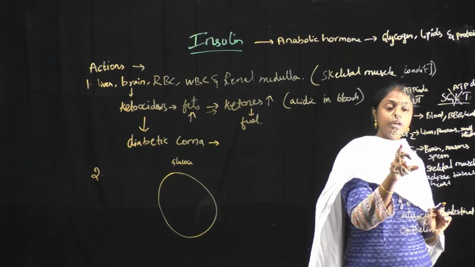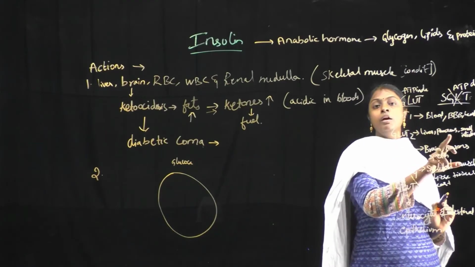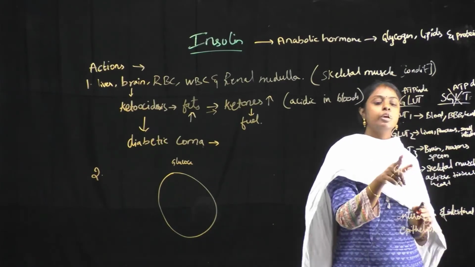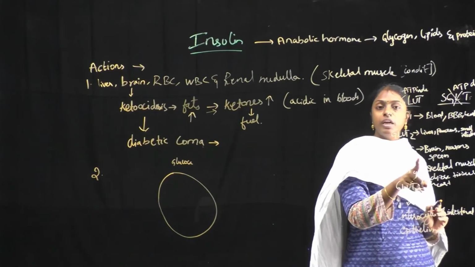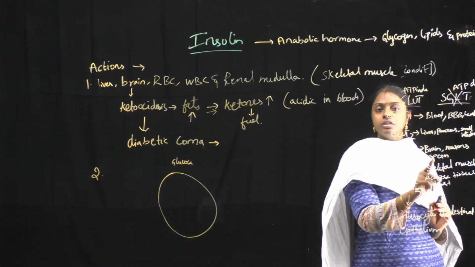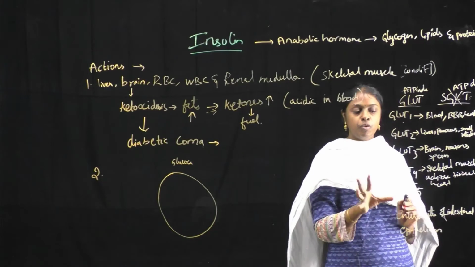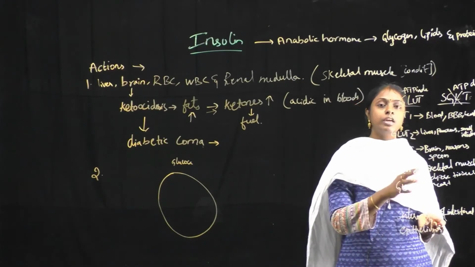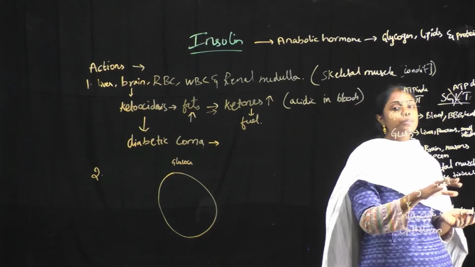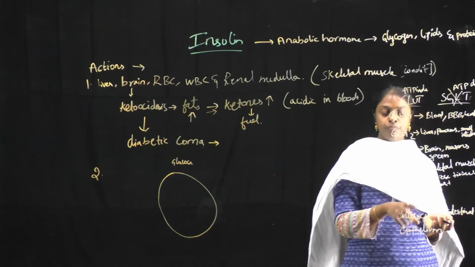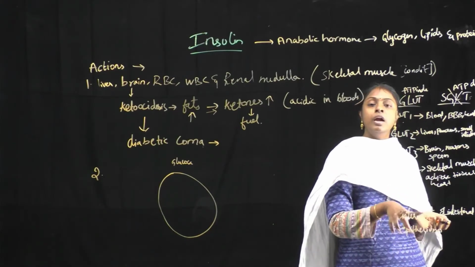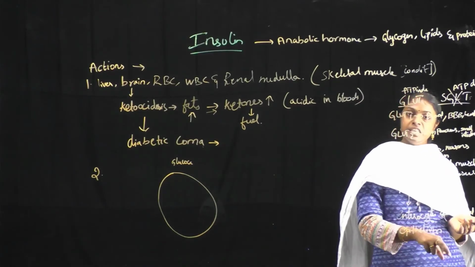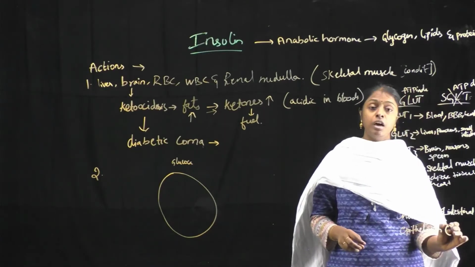GLUT2 is located in liver, pancreas and small intestine. GLUT3 is located in brain, neurons and sperm. And GLUT4, which is the main transporter for this glucose, is located in skeletal muscles, adipose tissues and heart. And GLUT5 is in enterocytes of intestinal epithelium, on the luminal side only.